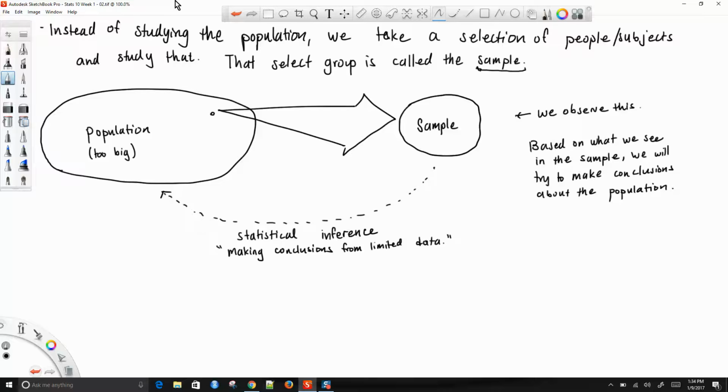So we're just taking a small piece out of the population, we observe this, and based on that, we try to make conclusions. Now, if we want our conclusions about the population to be valid, our samples need to be representative of the population, okay?